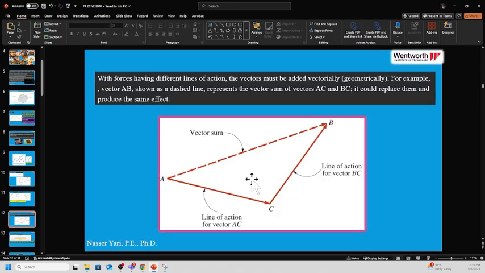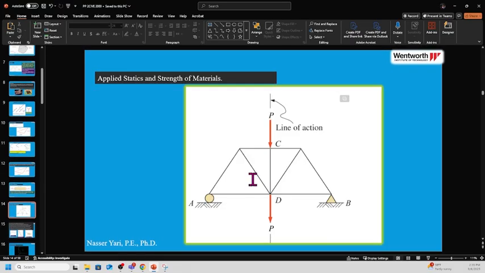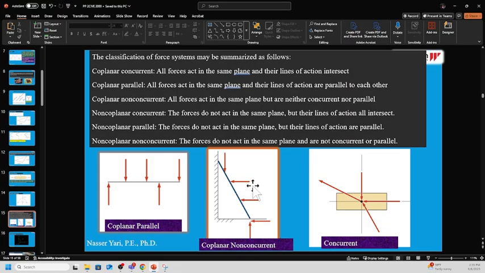Let me show you something here. The other thing we have to look at is the classification of force systems, depending on how you look at it. You can say they're coplanar parallel to each other, as you can see here. Basically, all forces act in the same plane and their lines of action intersect. That's coplanar concurrent, which is this one right here, and they all come into the same point.